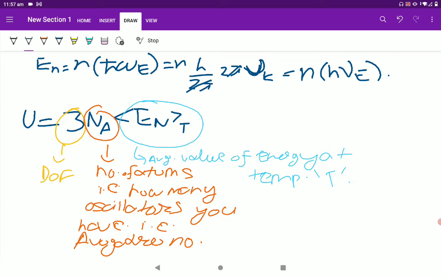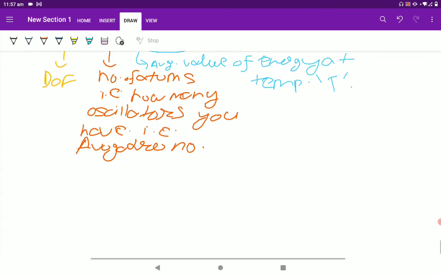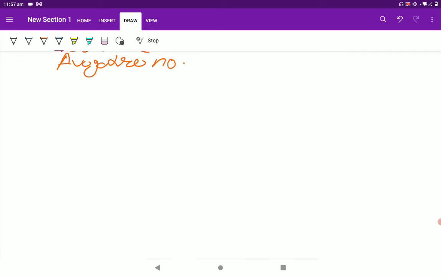So again, if you increase the temperature, the oscillation energy can be higher. So what is the average value of energy that is quantized? So Einstein says, let's use the Maxwell-Boltzmann equation, but for a quantized system. In the Dulong-Petit model, we have seen that the average energy was given by this expression.